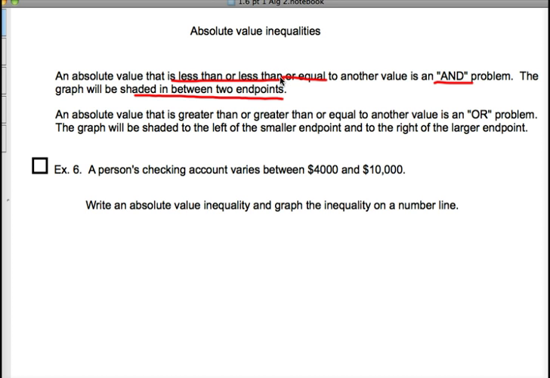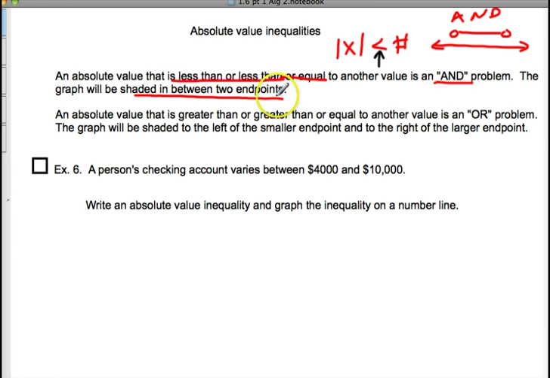So for instance, if I had absolute value x is less than some number, when you go to graph it, it's an and situation where you're going to have two points and you're going to shade in between. Now those two points could be open circles or closed circles based on whether or not your symbol has an equals under it or not, just like the other day.